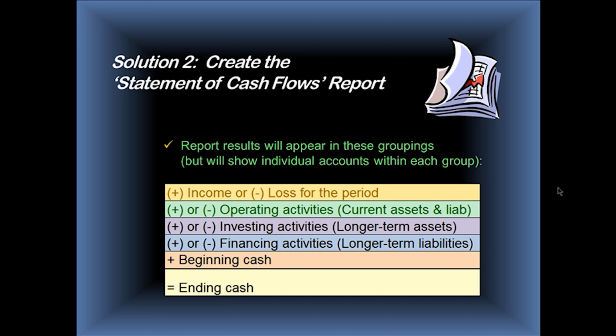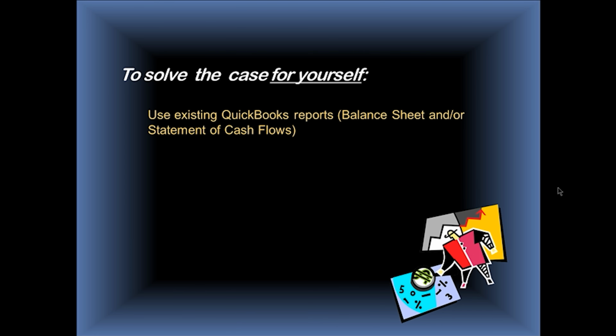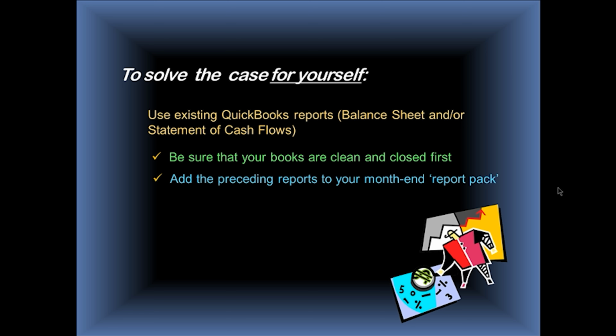And of course this should line up exactly with what's in your balance sheet if you add up all of your cash or bank accounts. So if you want to solve this case for yourself, for your company, you can use your existing QuickBooks reports, either the balance sheet or the statement of cash flows or both of them. You want to be sure that your books are clean and closed first.